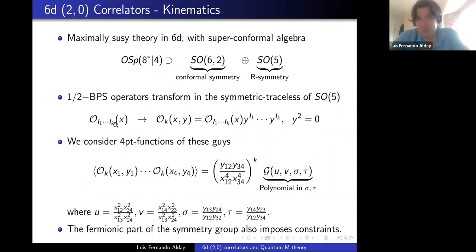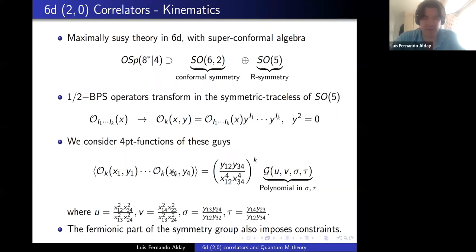We want these indices to transform in the symmetric traceless representation. Now, it is very convenient to introduce a null vector Y, and contract all these free indices with the null vector Y. So we define an operator O_K, which is a function of a point in space-time and also contains this null vector Y. Then we can study the 4-point function of 4 of these operators.